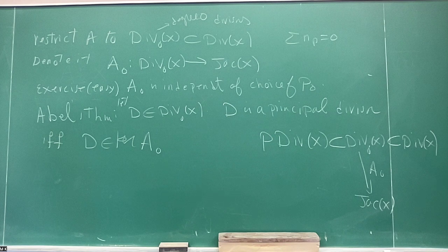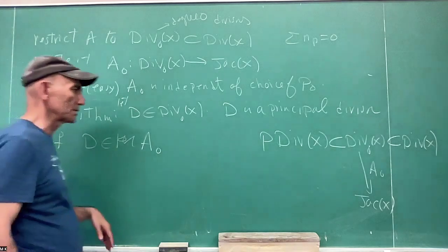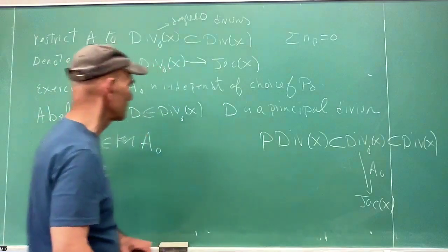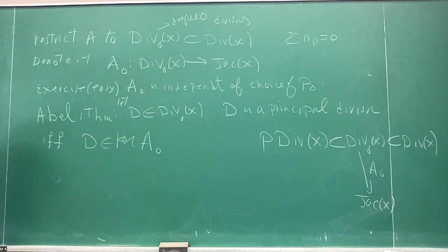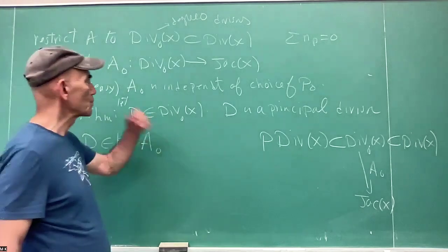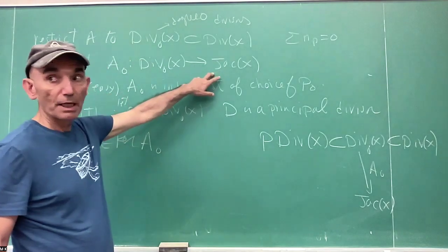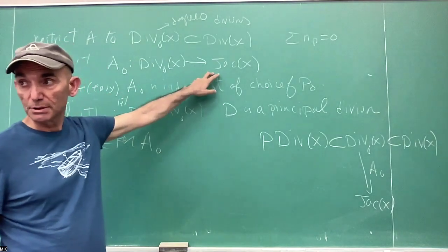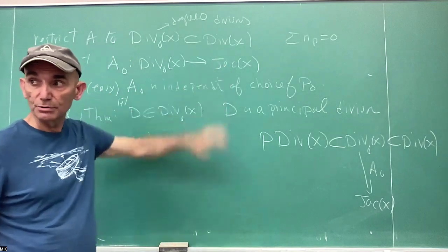So, okay, I need 5-10 minutes. I will prove the necessity, and the existence is a little more involved, but exactly what we have, it's completely within reach. By the way, the fact that this is surjective is due to Jacobi. So surjectivity of the map is due to Jacobi.